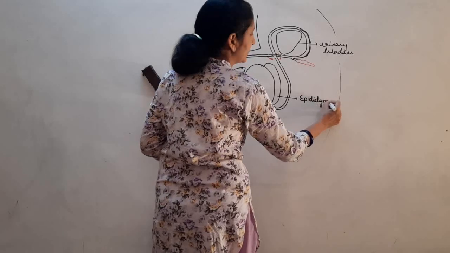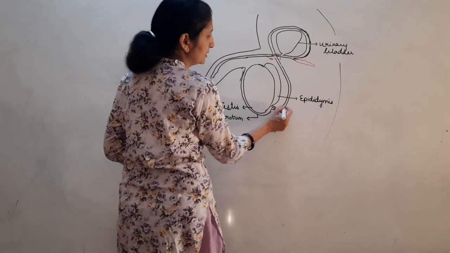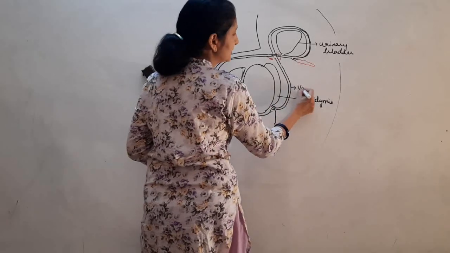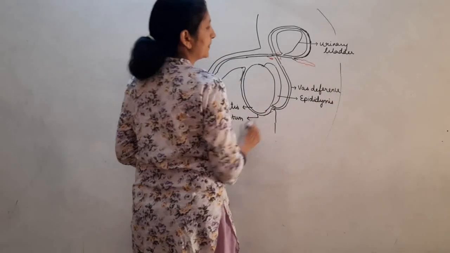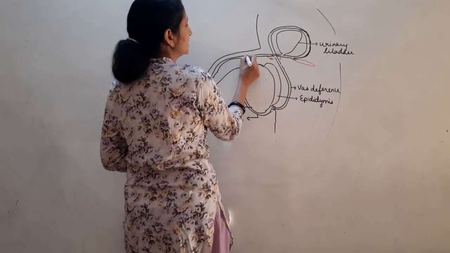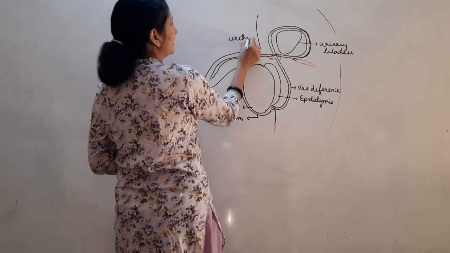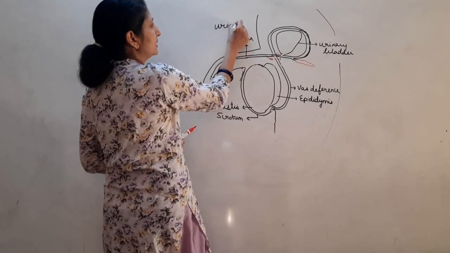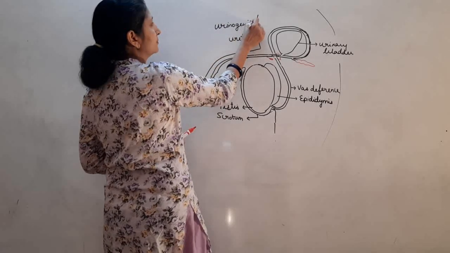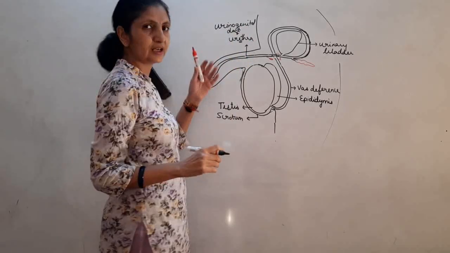Epididymis. ये जो structure है, this tube-like structure, this one is the vas deferens. This is the ejaculatory duct. You can say urethra, ejaculatory duct, or urinogenital duct. In NCERT, it is mentioned as urethra, so write that.